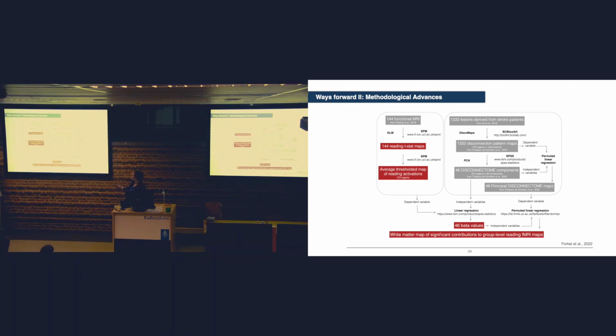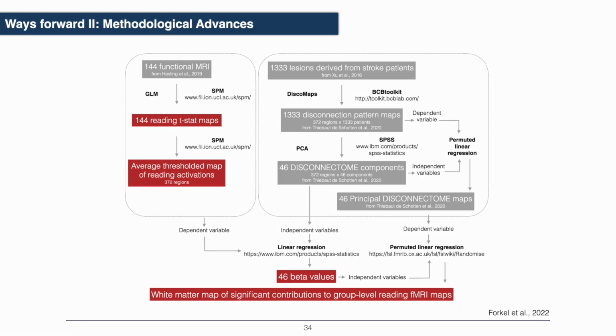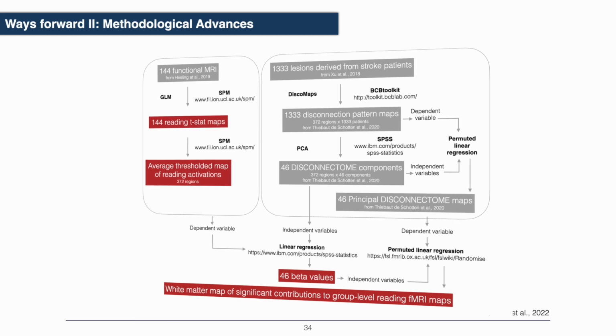Now, there is some principal component analysis to identify the 46 components that explain most of the variance in the data, and that's the second data set that we used. So fMRI, lesion, and disconnection maps. And then we ran some regression analysis over it to come out with maps that look like this.